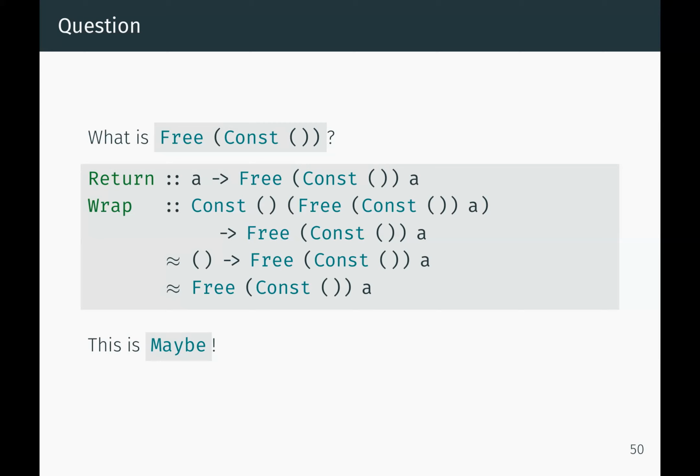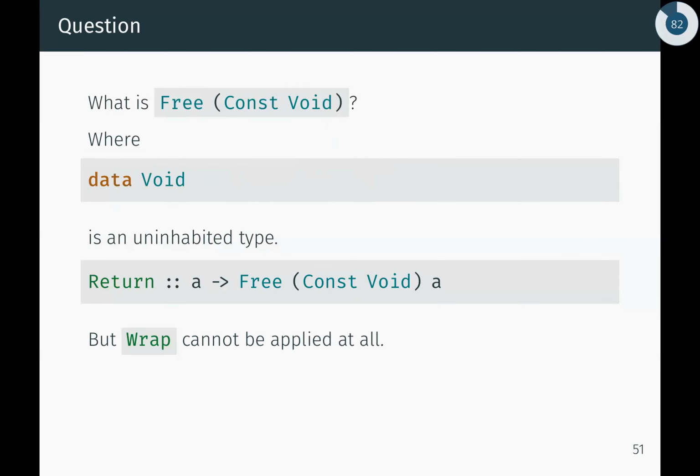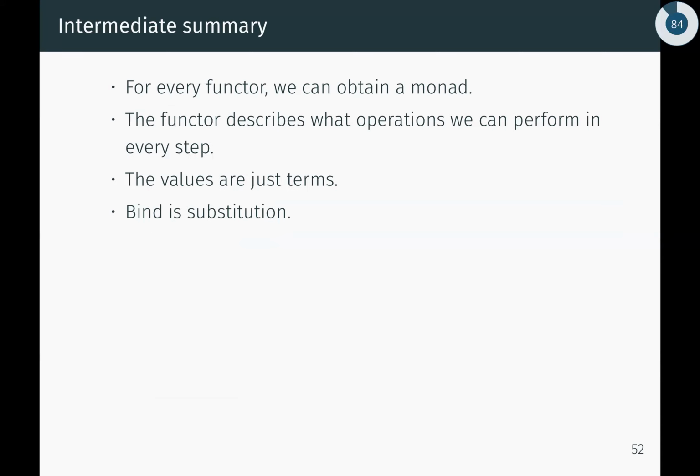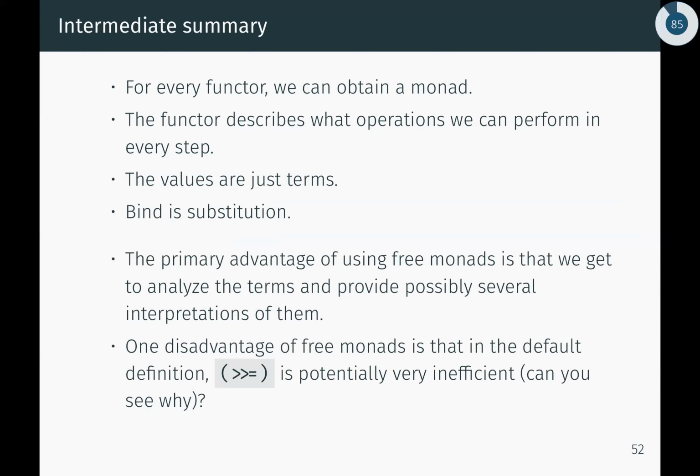The wrap constructor is available, but we can't apply it because we don't have a value of type Void. So we only have pure or return. That means this is the identity monad. So Free (Const Void) is actually the identity monad. So we can recover Maybe and Identity, two well-known monads. They turn out to be free monads.